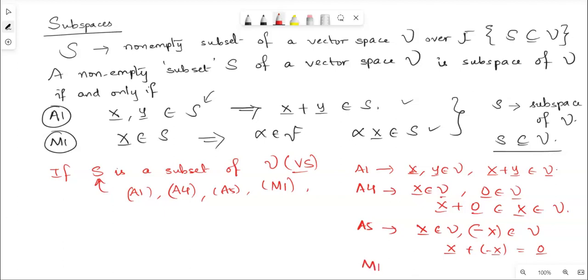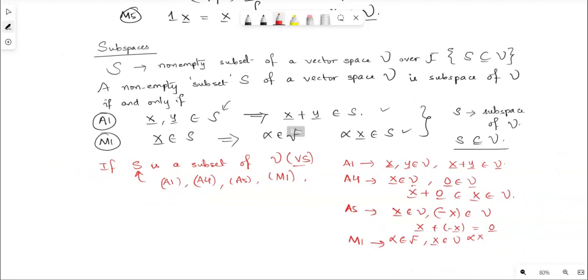And M1 we have defined saying that the scalar alpha belongs to a certain field, and the vector belongs to set V. Then the scalar multiplication of alpha times the vector should belong to the set V.